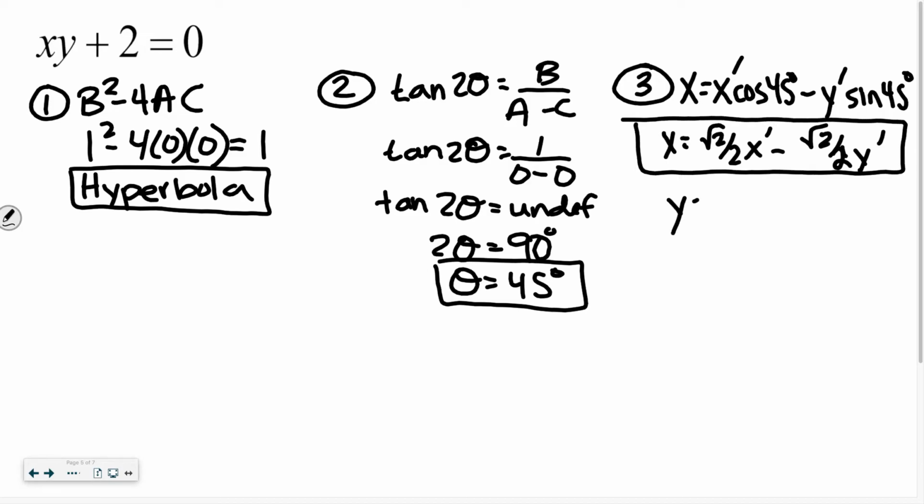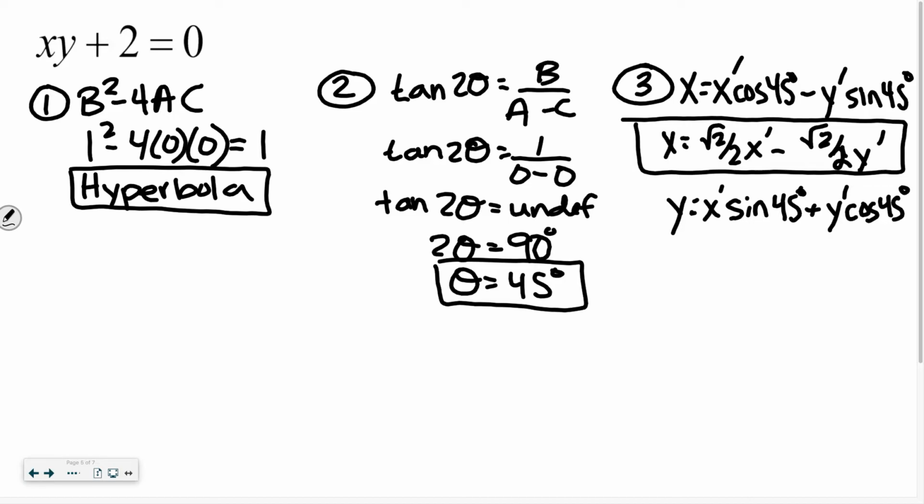And I got to do y. I think it's x prime sine 45 and then plus y prime cosine 45. But real important when you're doing your homework, look back at these things. Write them down, study them, know them. You can imagine, if you write x and y incorrectly, then you're not going to get the right answer in the end.